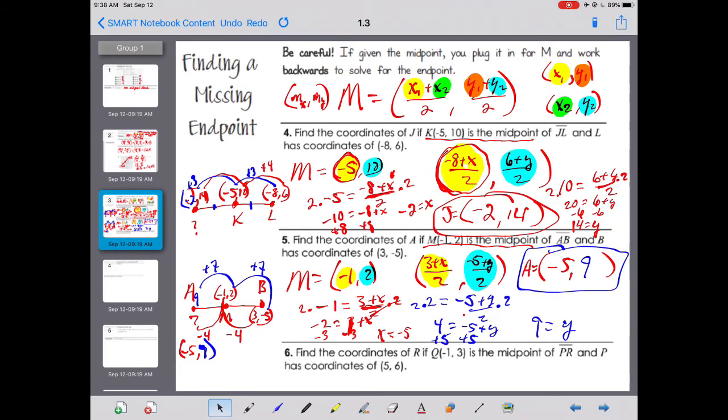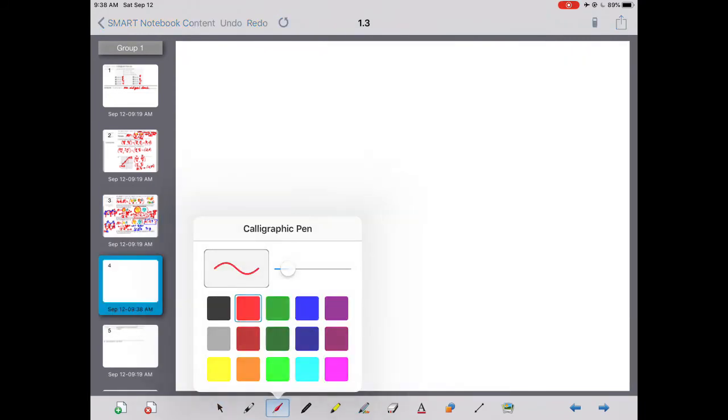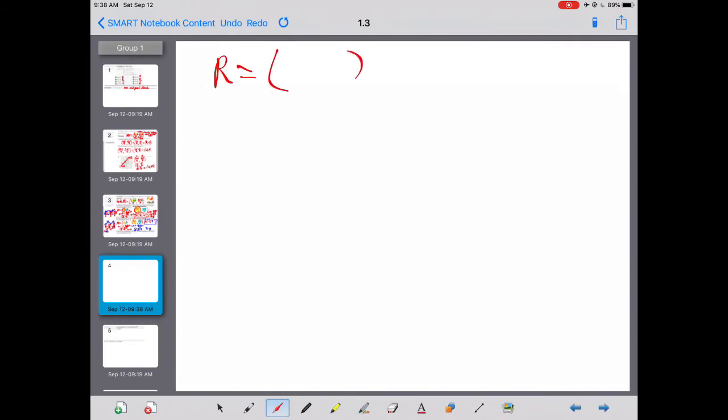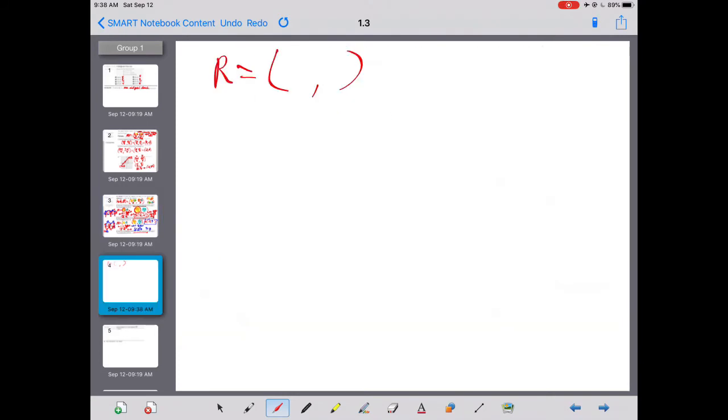All right, so find the coordinates of R. R equals, what are the coordinates? Okay. If Q is the midpoint, Q is in the middle.